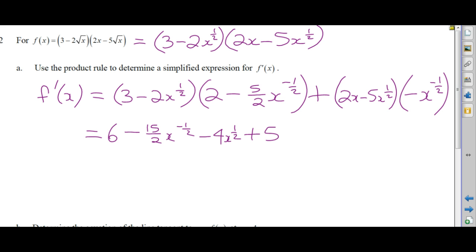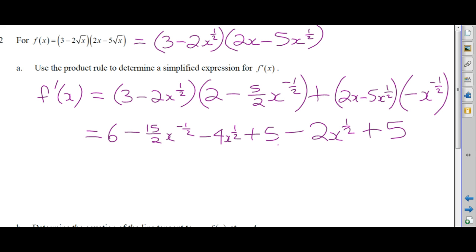Because x to the 1/2 times x to the negative 1/2 will be x to the 0. Actually, we don't need a bracket on there either, do we? So minus 2x to the 1/2, plus, it's going to be 5, right? Yeah, plus 5.